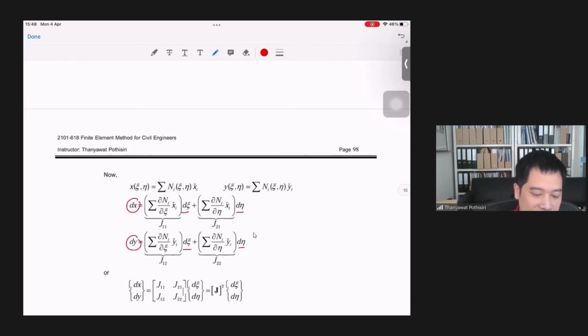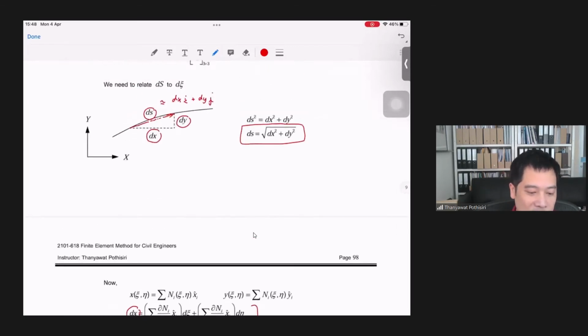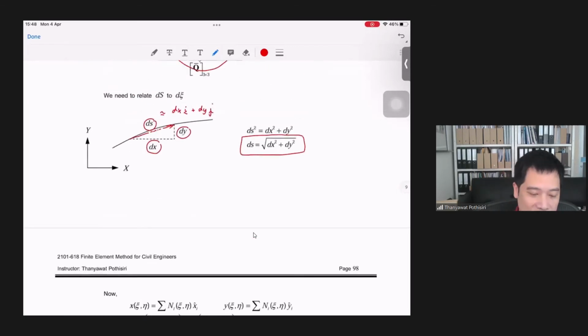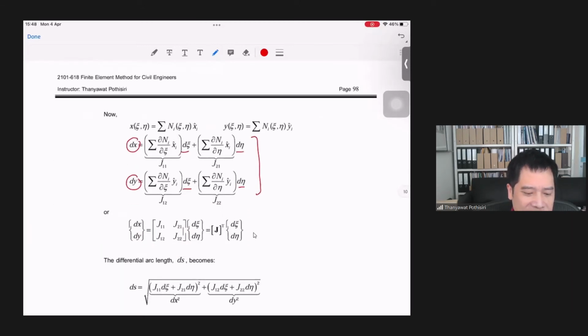So you can use this relationship and plug it back into the previous relationship in order to find the relationship between ds and d-xi. Now in this case, d-eta would be 0, because eta is constant and equals 1.